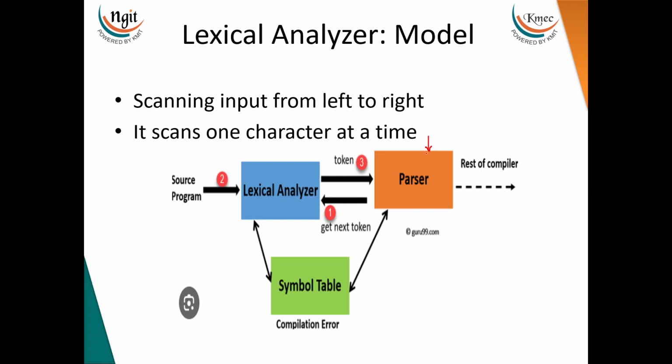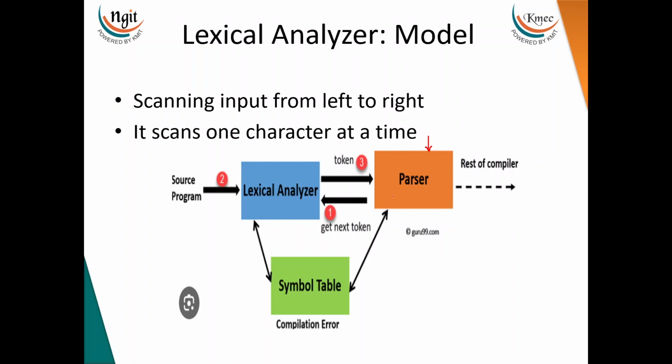Whenever the parser is called by the end user, what is its main intention? We have to check whether the generated tokens are syntactically correct or not. So when the compilation process is started, the parser will be called first, and it tries to do its task by checking whether the stream of tokens is syntactically correct. But generating the tokens is not the task of the parser.